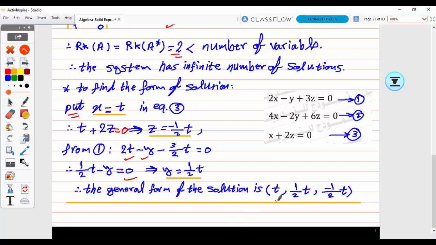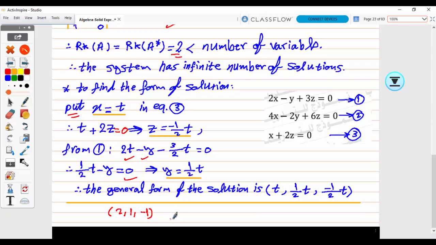If t equals 2, what do you get? x equals 2 and y equals half multiply 2 equals 1, and z equals negative half multiply 2 equals negative 1. So 2, 1, and negative 1 is a solution of this system.